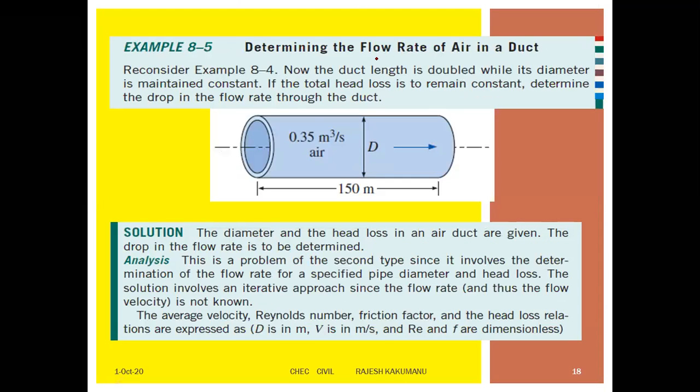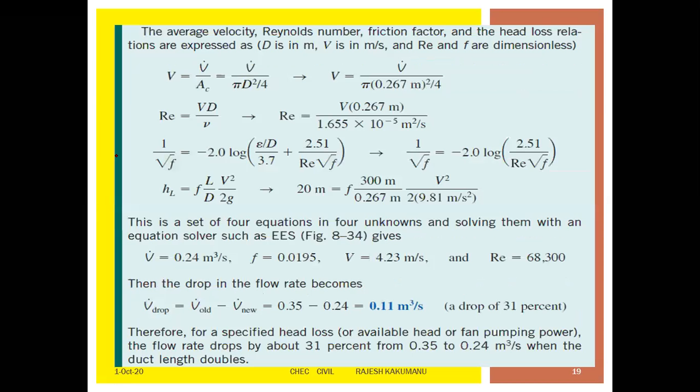Then determine the flow rate, that is V. So the same question, but now the duct length is doubled. The duct length was 150, now the length is doubled while the diameter is maintained constant. Now if the total head loss remains constant, determine the drop of the flow rate. Now the same formula: V is equal to the flow rate divided by the area of the circular pipe, pi d square by 4.